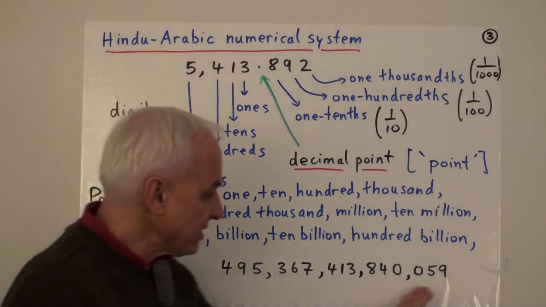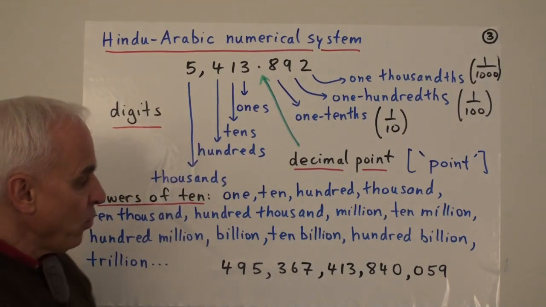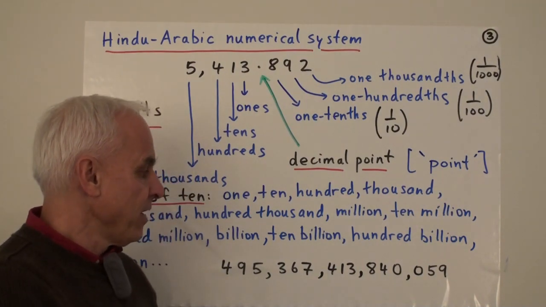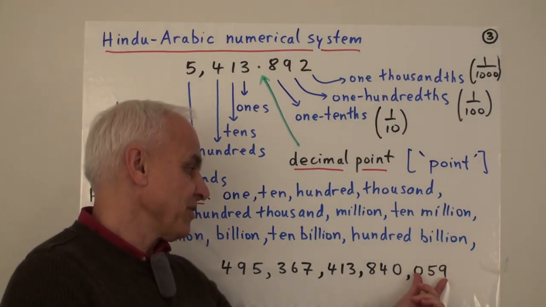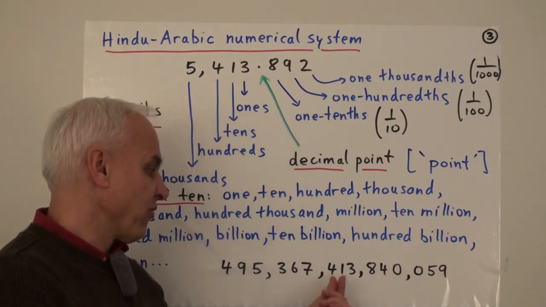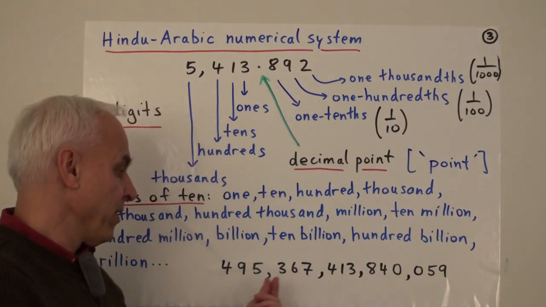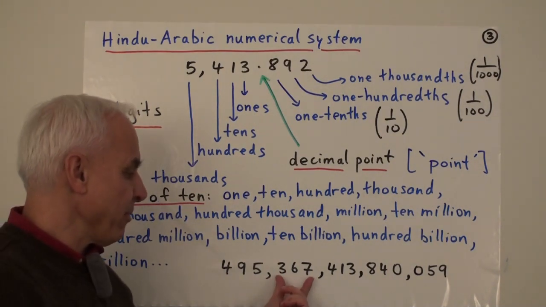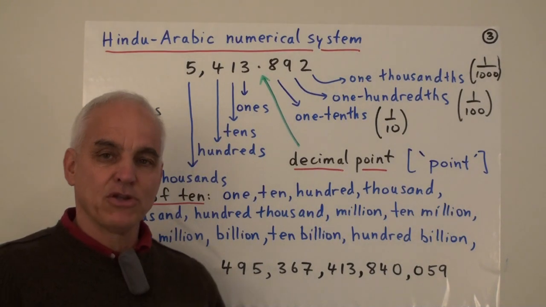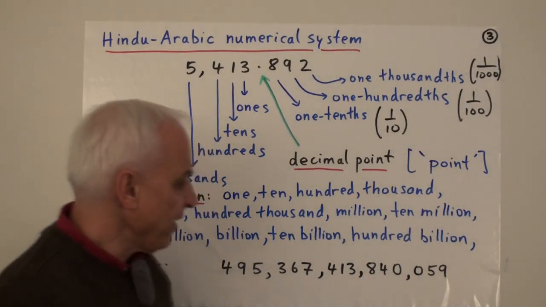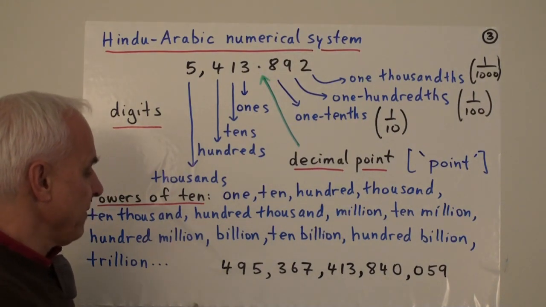And when we read such a number, we read it in terms of these groups of 3. So this is sort of the ones group, this is the thousands group, this is the millions group, the billions group, the trillions group. And each of these 3-digit numbers is a number that's expressible in terms of hundreds, tens, and ones. So the way we would read this is from left to right.